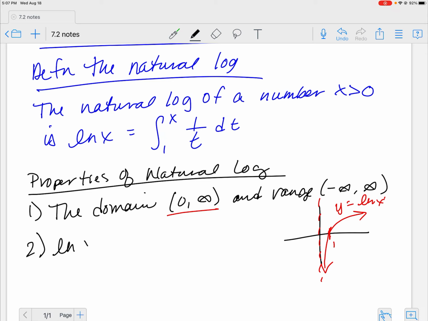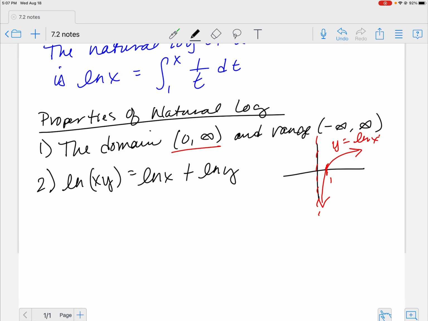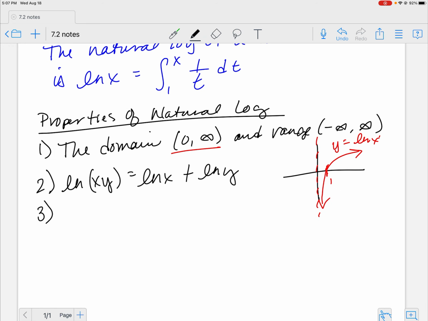I also know that if I take the natural log of x times y, where x times y is my inside function, we can split those apart, and this is equivalent to the natural log of x plus the natural log of y. Logarithmic properties, right? Something you already know. This is just review, making sure that we've got these down. If I'm dividing x divided by y and we split those up, what operation are you doing?